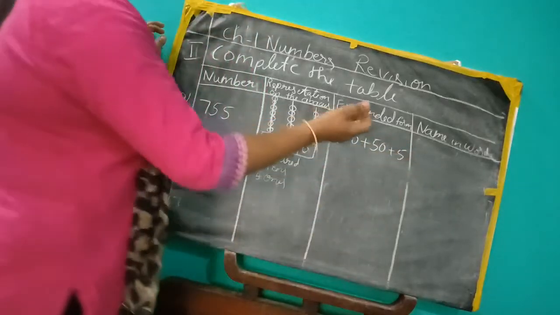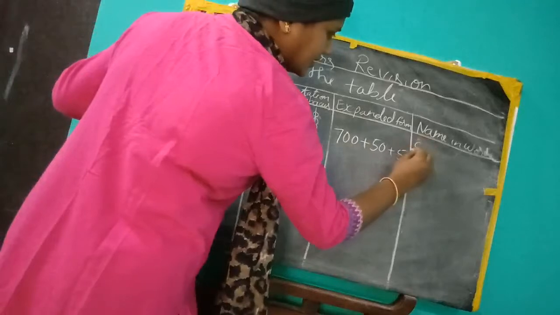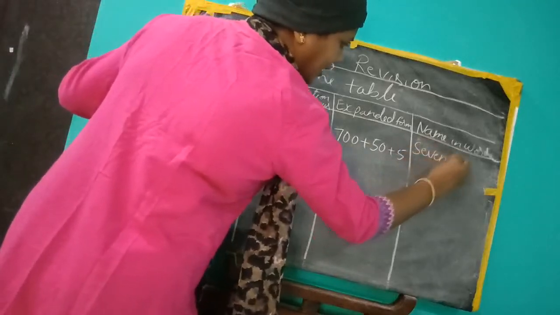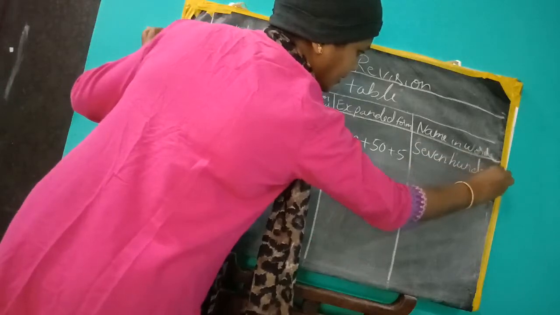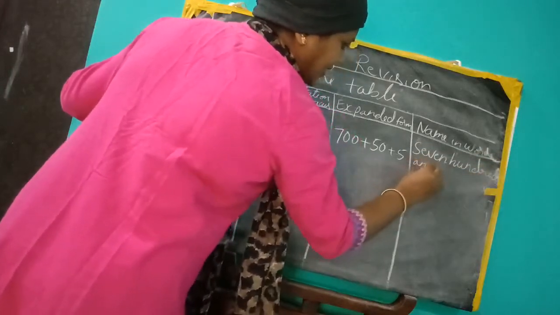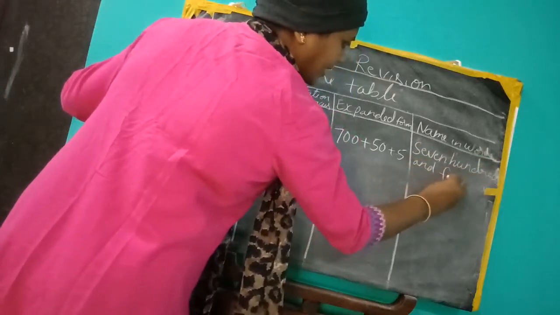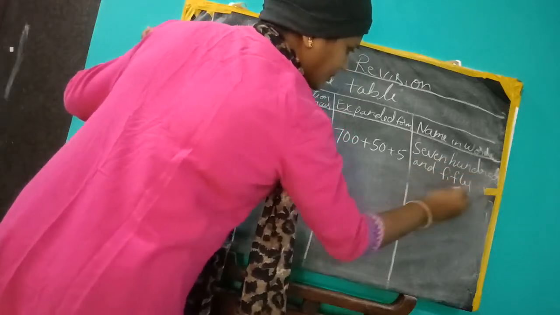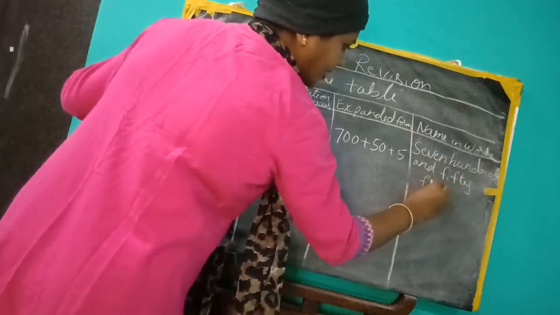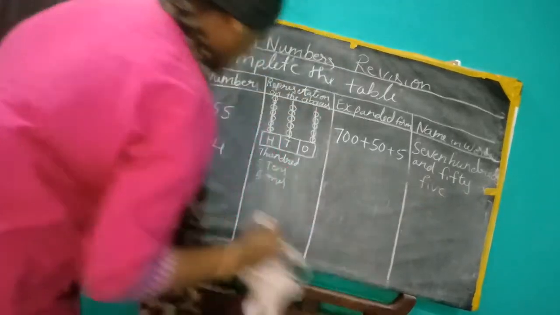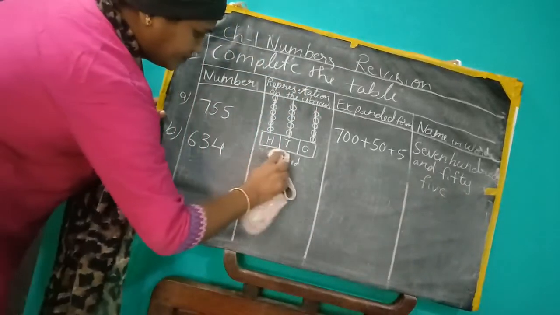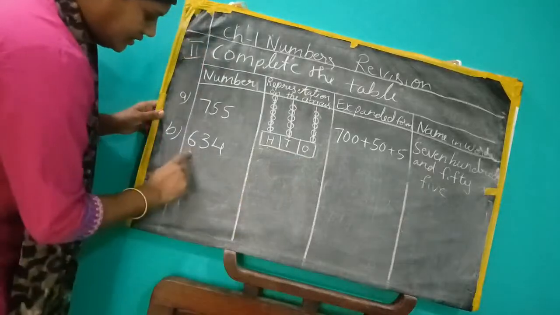What is that number name? 700 and 55. Okay. See, next number. What is that?